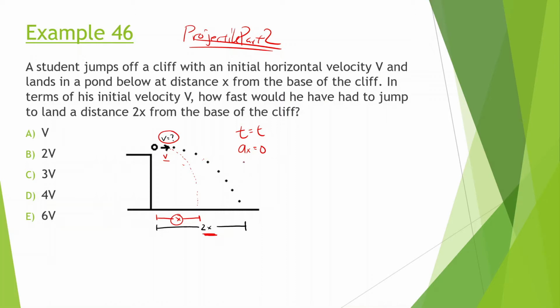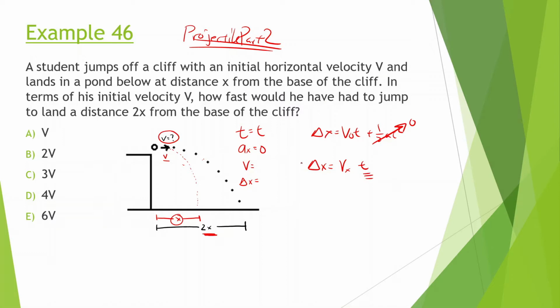The next thing that we know is the velocity is going to be different for both scenarios, and the displacement is going to be different for both scenarios. One's going to be twice as much. So if we look at this formula here, displacement x equals v initial t plus 1/2 at squared, this becomes 0 because acceleration is 0, and displacement is dependent on the velocity times the time. We know time is going to stay the same for both scenarios.